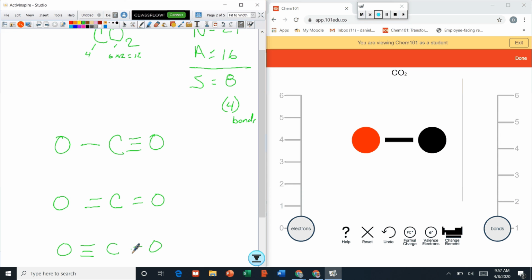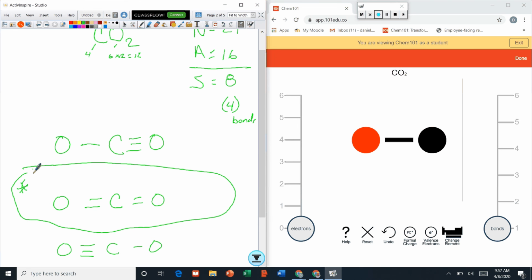What I want to figure out is which one's going to be the best, which one's the most balanced. Just looking at the pictures, this structure is going to be the most balanced. It's not complete yet.